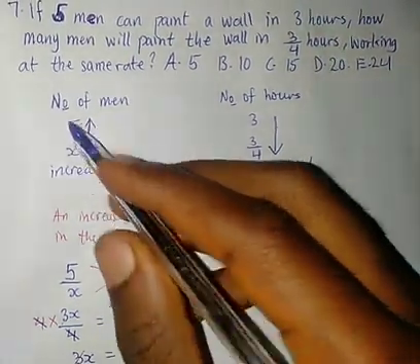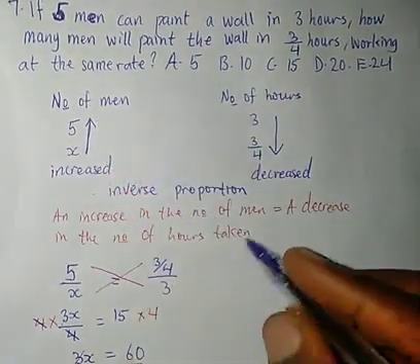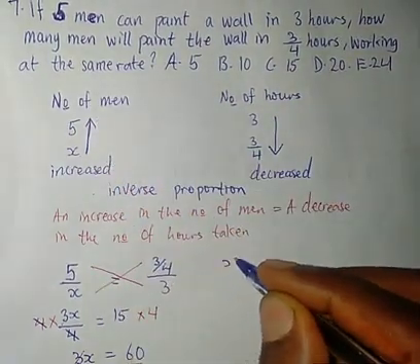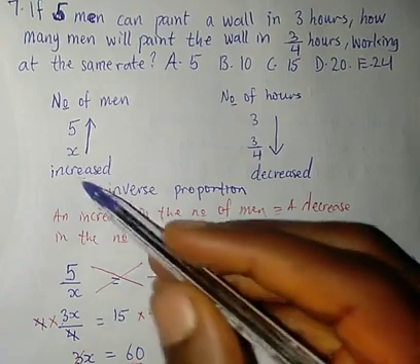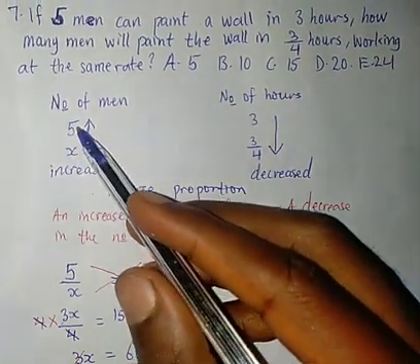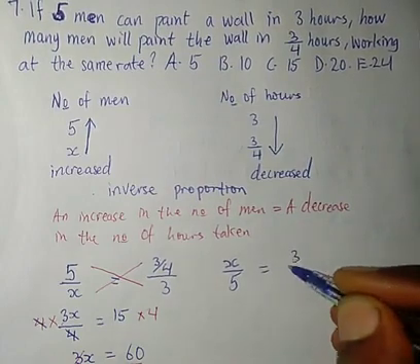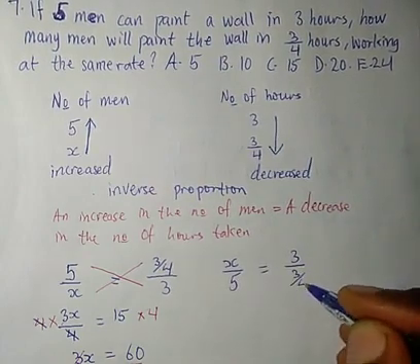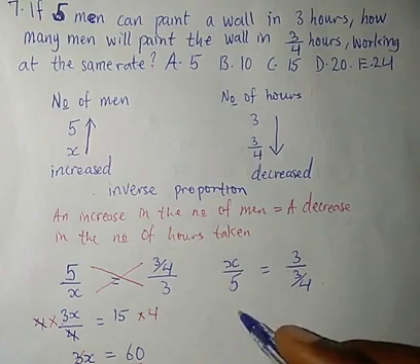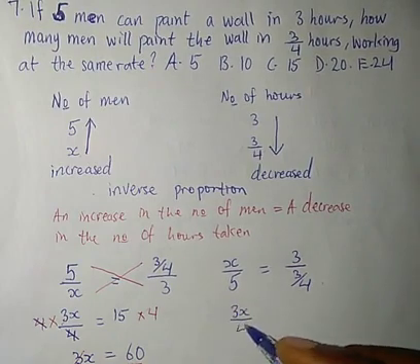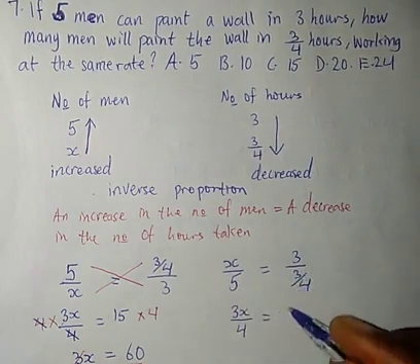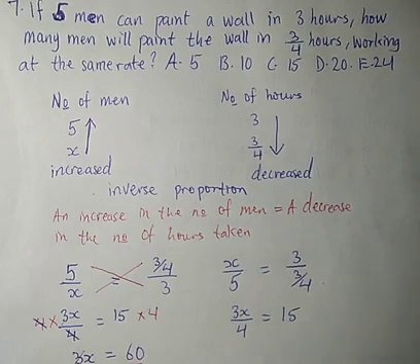Let's follow the arrow: x over 5, right? Now look, the arrow is coming down, so 3 over 4. So we have x times 3 over 4, that is 3x over 4, is equal to 5 times 3, 15. The same steps, we are going to get x is equal to 20.